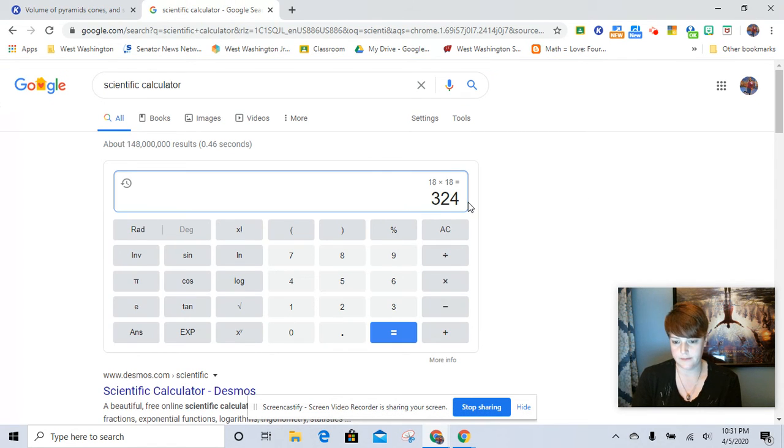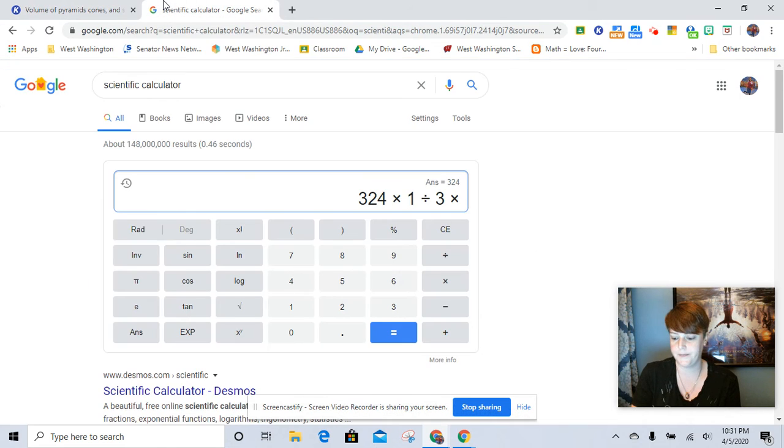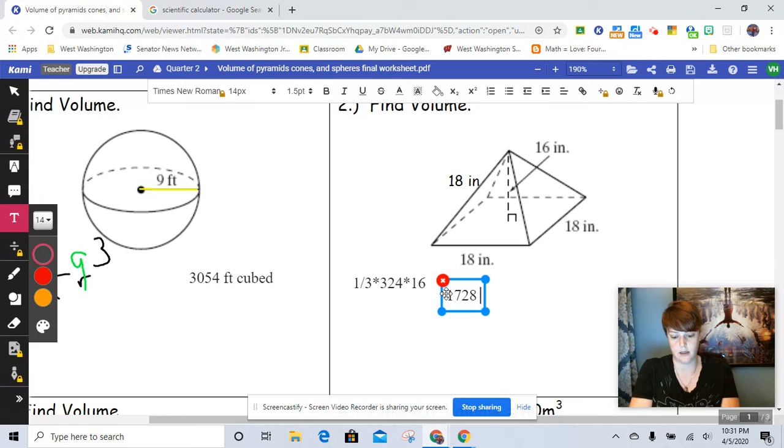So here I would just go times 1/3, and then times 16. There we go. And then that would give me 1728. And so my volume here would be 1728 cubic inches. Okay.